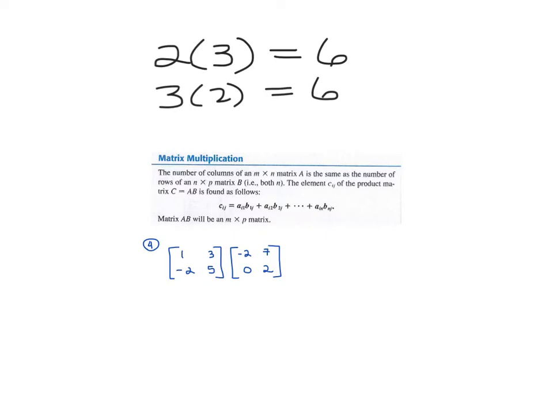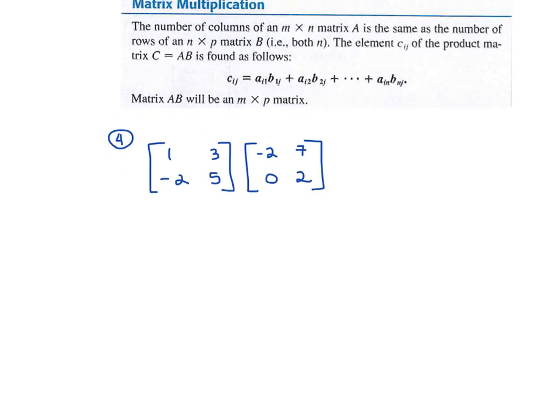However, multiplication of matrices is not commutative. So when you're given a problem, you have to multiply it the way it's given to you. You can't rearrange the matrices. So whatever's on the left stays on the left. Whatever's on the right will stay on the right.